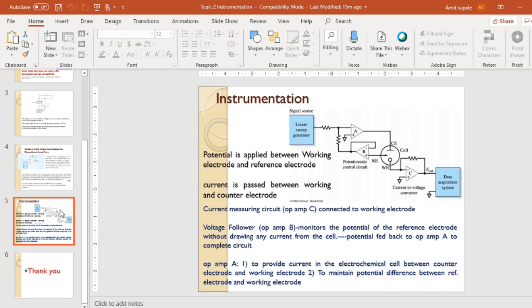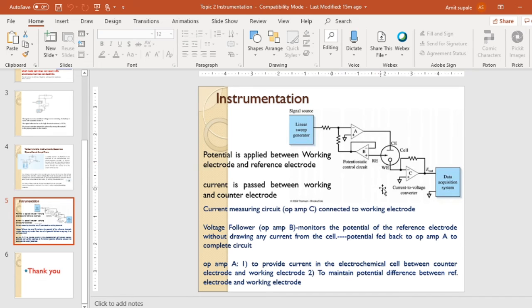This basic instrumentation is for recording linear sweep voltammograms, but with slight modification we can use it in different voltammetry techniques. As we see, there are operational amplifier circuits A, B and C. This is the assembly of electrodes: counter electrode, working electrode and reference electrode.